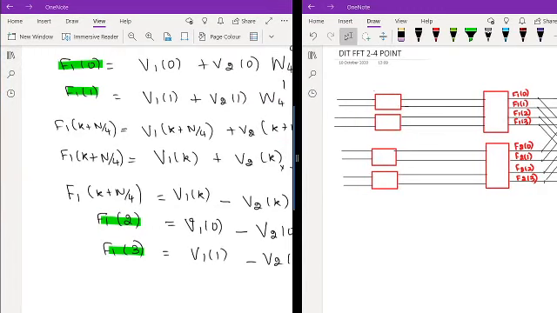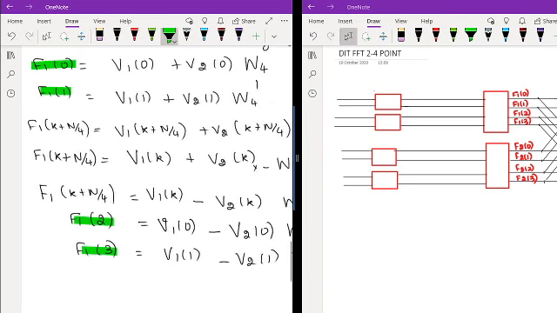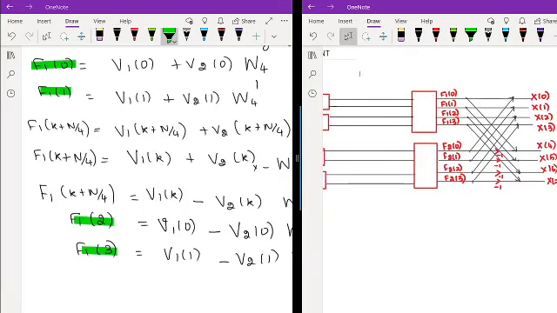Okay. So here this f1 of 0, that is initially we have completed, this is a 4-point DFT and this is one 4-point DFT. So two 4-point DFTs are combined together and we have got 8 point.